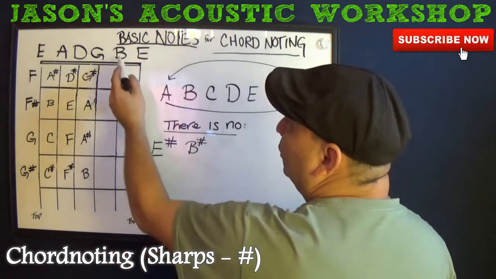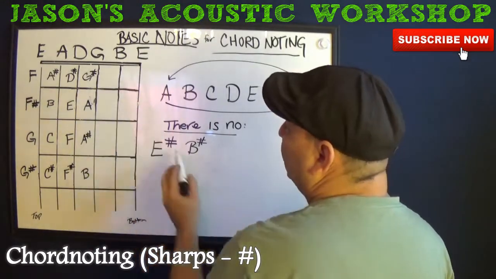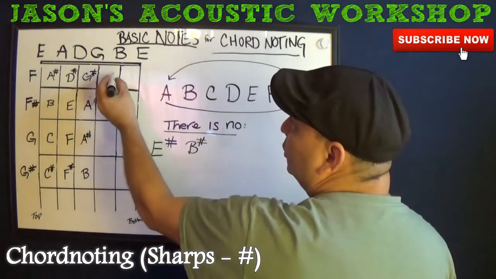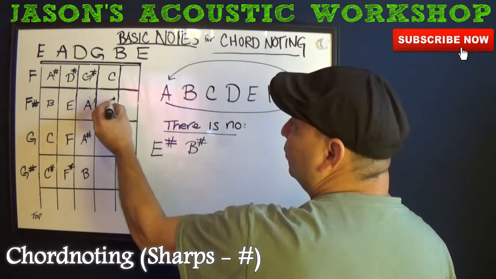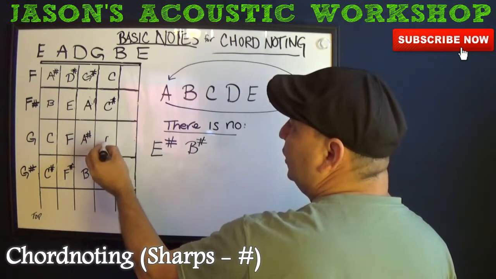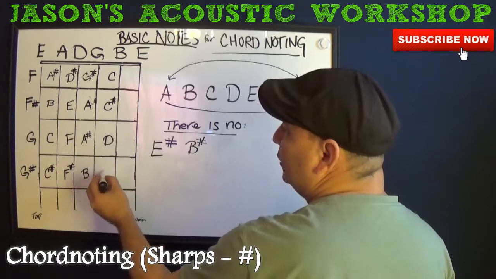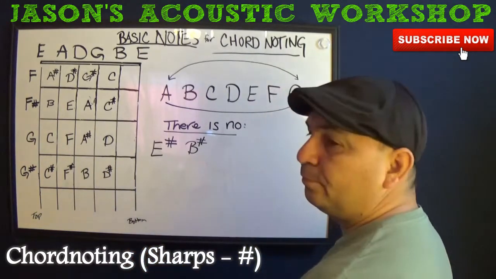Okay, B string, the second string. Like I said, there's no B sharp. So you go from B to C, C sharp, then you have D, and D sharp. Okay.